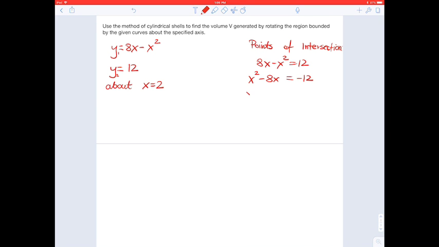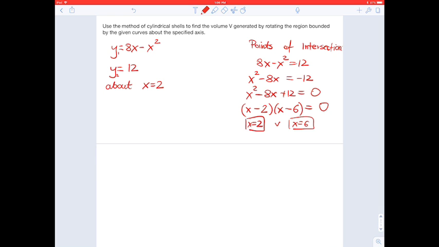I just change the sign, and then I will add 12 to both sides of the equation. I have a nice quadratic equation. Let's factor it out. The factors of 12 are 2 and 6, negative, because negative 2 and negative 6 make negative 8, and negative 2 times negative 6 is positive 12. And then x equals 2, or x equals 6. That means those are the points of intersection.